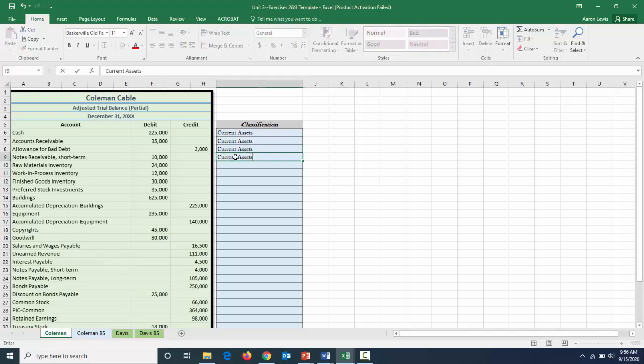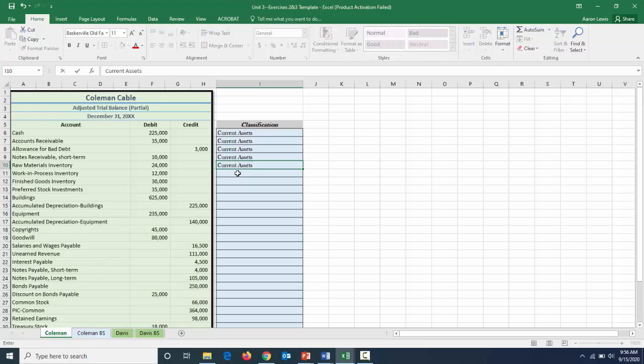current asset. We have raw materials inventory, and raw materials inventory is goods laying around that aren't made into a product. In our case, in the finished cable, there's plastic or wiring sitting around that we're going to use later to construct those cables, which means that's going to be classified as a current asset.